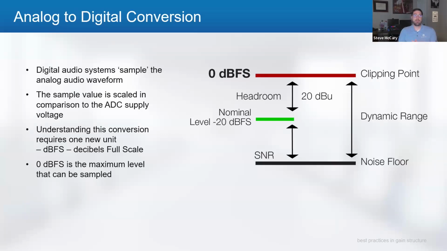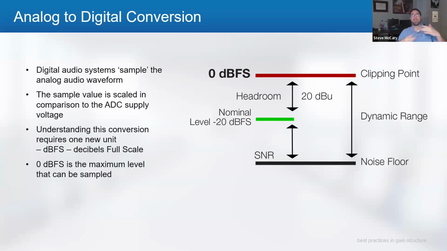So let's talk about this analog to digital conversion. When you are in Q-SYS, you will notice that we go from dBu into dBFS. dBFS is decibels full scale. This is where we sort of recalibrate what we're looking at in terms of our signal levels.